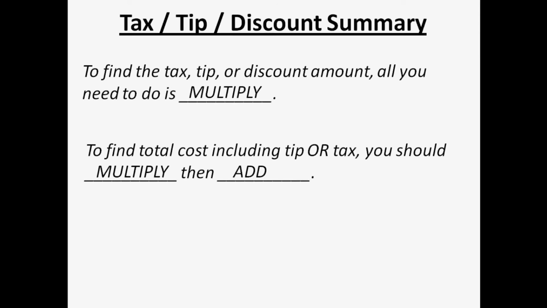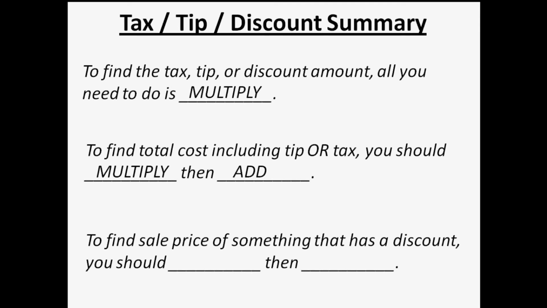So you multiply, then add. To find the sale price of something that has a discount, you're going to do something, then something. What would you do? You'd multiply, then subtract. So for all these types of problems, you're always going to be multiplying your percentage by the cost.